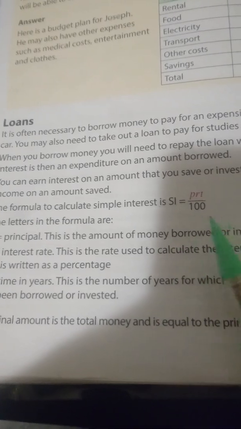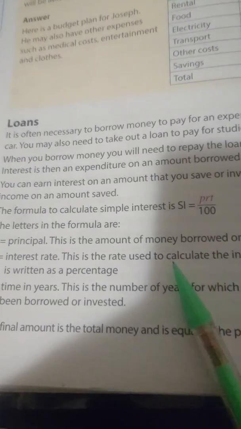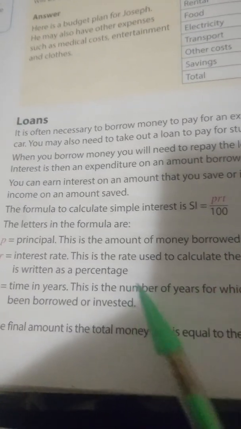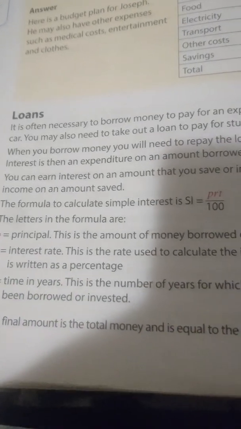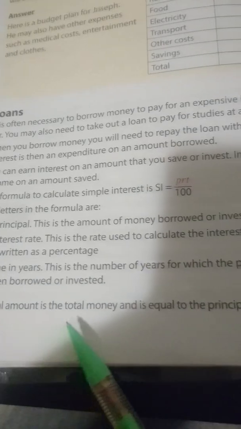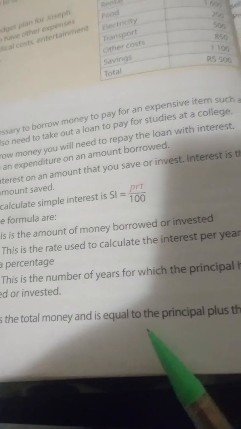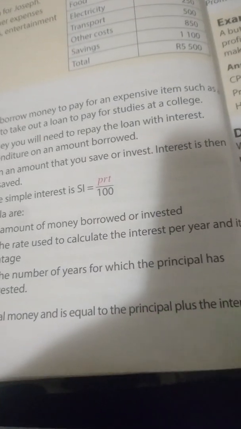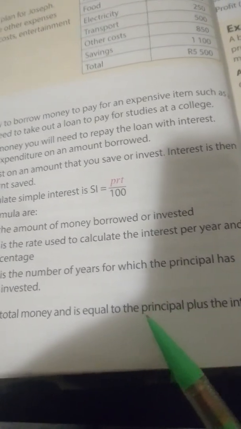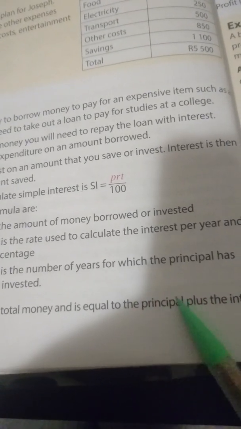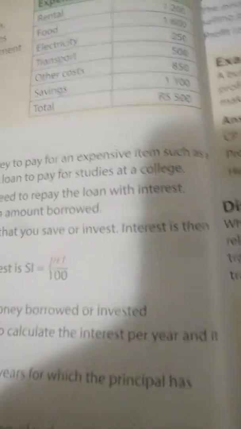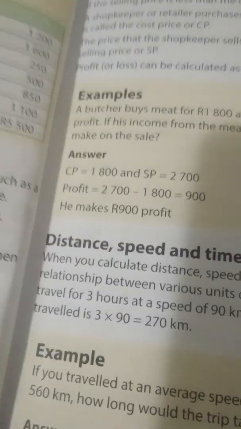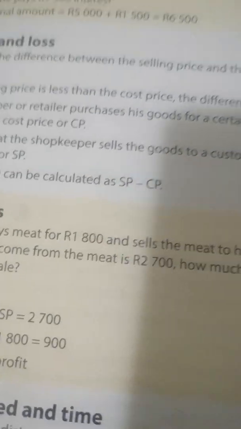So say for example, you want to borrow the 20,000 for a period of 2 years, so you will write it out as 2. The final amount is the total money and is equal to the principal amount plus the interest. So when you pay back the loan, you'll pay that principal amount 20,000 plus the interest on that money that you borrowed. Obviously, the longer the time period, the higher the interest.